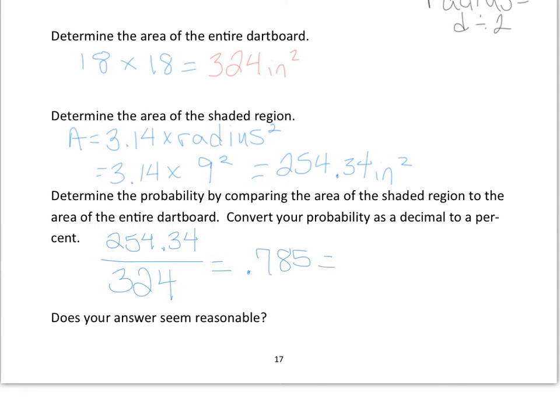But if we remember, it's got to be converted to a percent, so we get that the percent would be 78.5%. Now, is this reasonable? Yes. The reason this is reasonable is because most of the dartboard is shaded. So if most of the dartboard is shaded, having a percent over 50% makes sense.